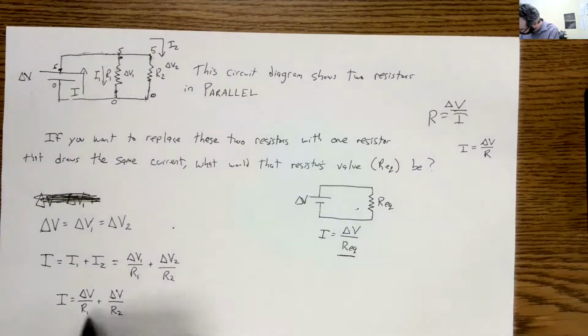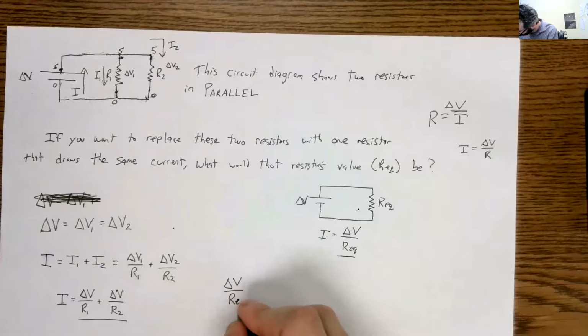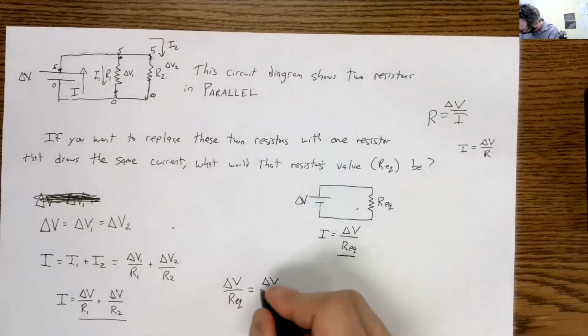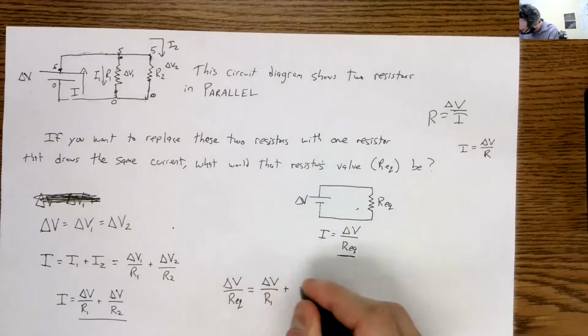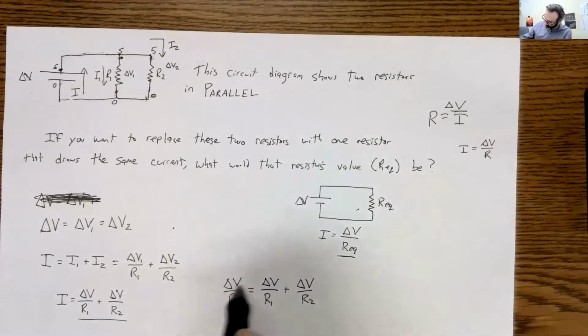So we can set these equal to each other, and we get delta V over the equivalent resistance equals delta V over R1 plus delta V over R2. Now I've got a delta V in the numerator in each term here.